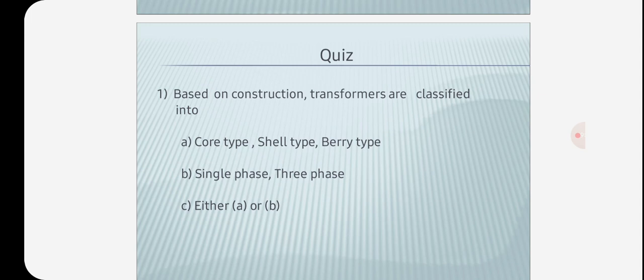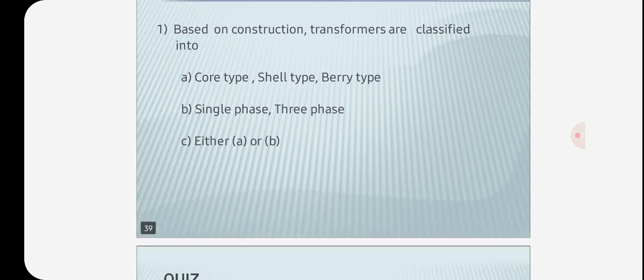Next, based on construction, transformers are classified into three types: core type, shell type, and berry type. So the answer is A.